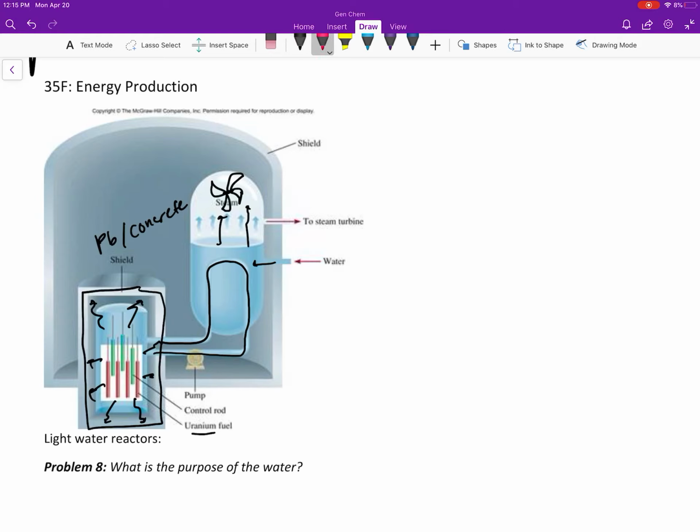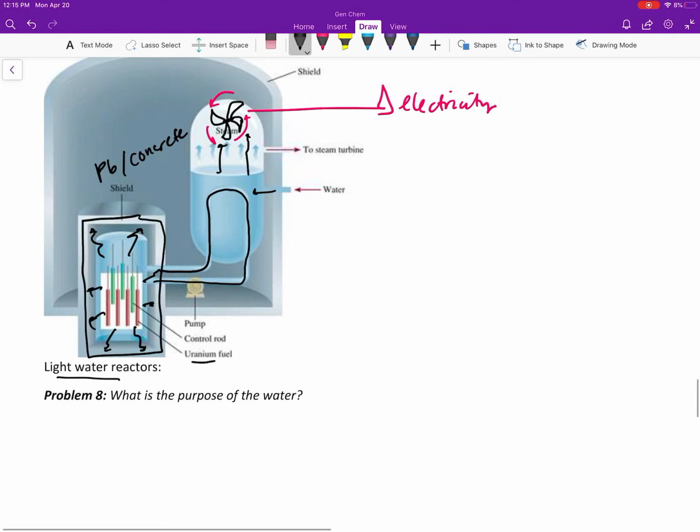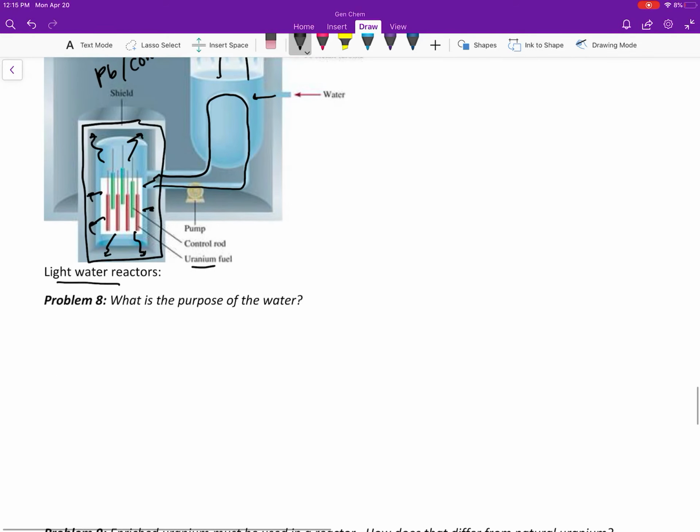Oh, that's not too bad. A fan, where once the steam is generated, the fan is going to circulate, and that's going to generate electricity. So that's the simplified model of a nuclear power plant. This is called the light water reactor. So the purpose of the water is that it becomes liquid to gas.